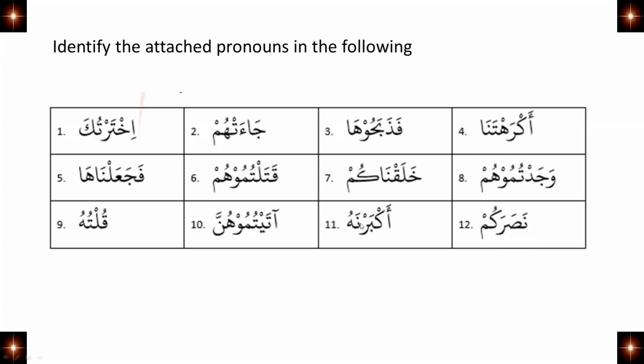You can just see maybe one letter of that or two letters of that. That's why it is mustatir, it is hidden. It's not totally hidden because, for instance, here, ja'at hum. So ja'at, the fa'il is inside. This ta is just an indicative. The thing I showed you earlier.